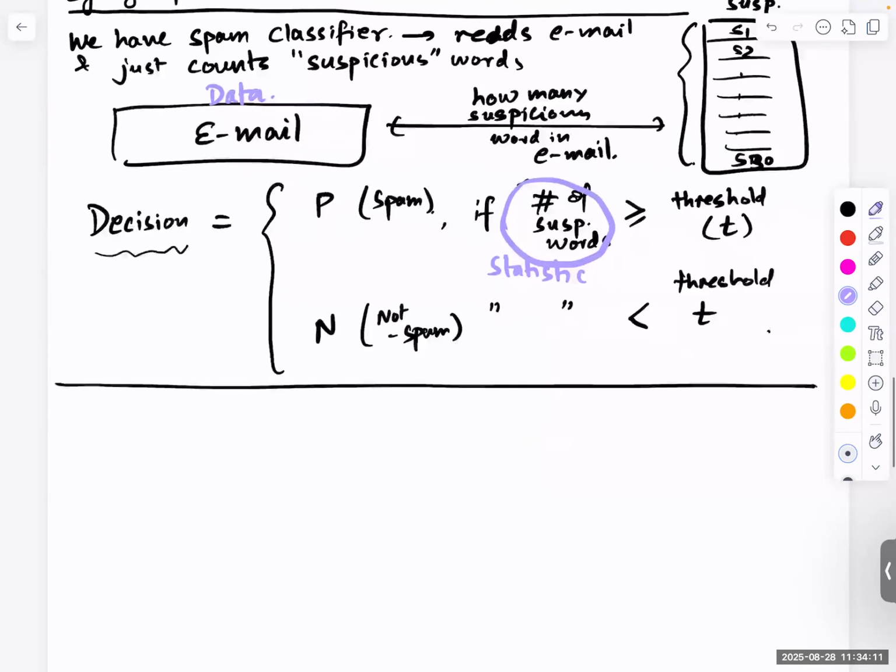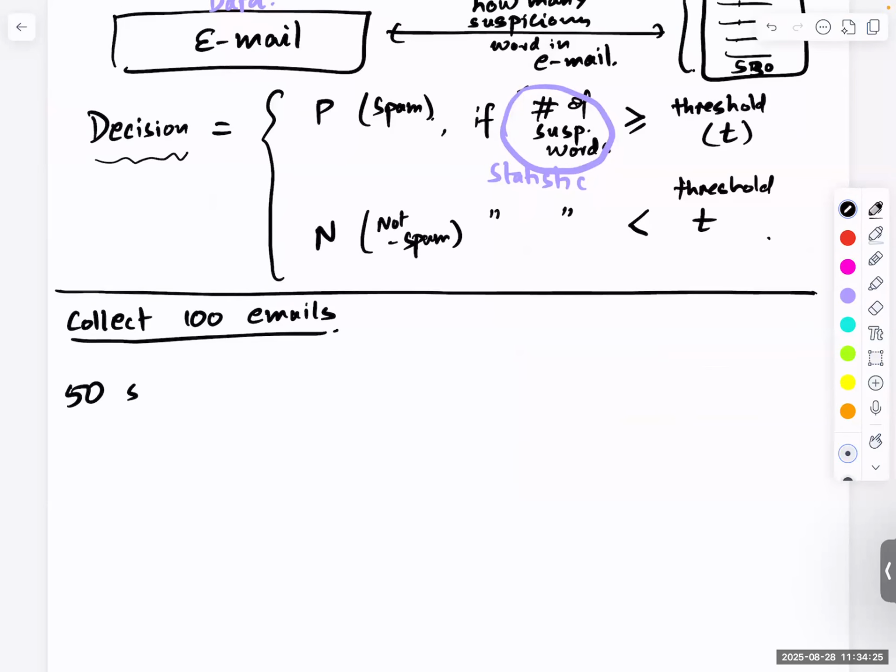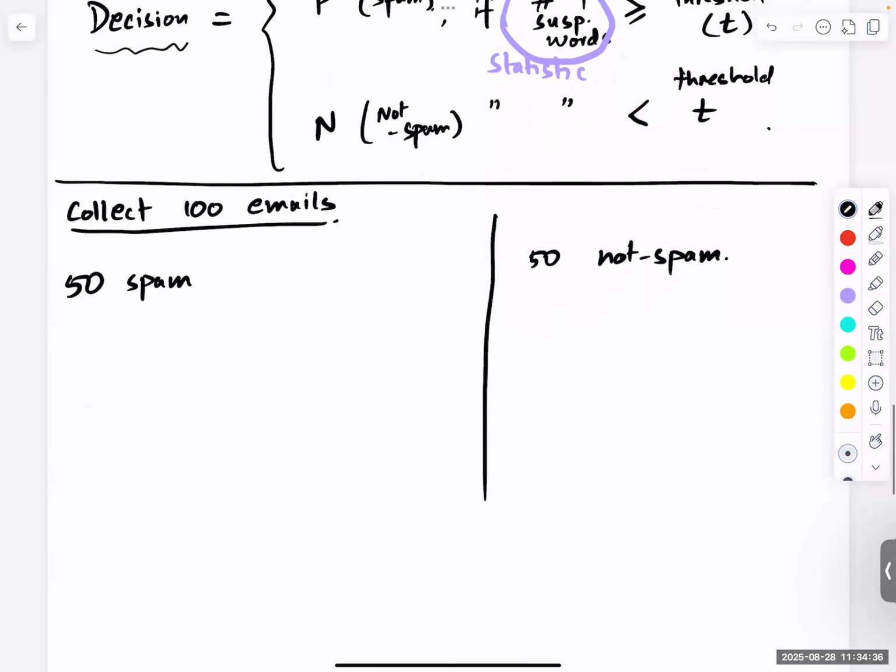Suppose I have the following type of data available to me and I want to build a ROC curve. Suppose I collect 100 emails, out of which 50 are spam and 50 are not spam. Out of the spam emails, let's say I have 10 emails with one suspicious word.